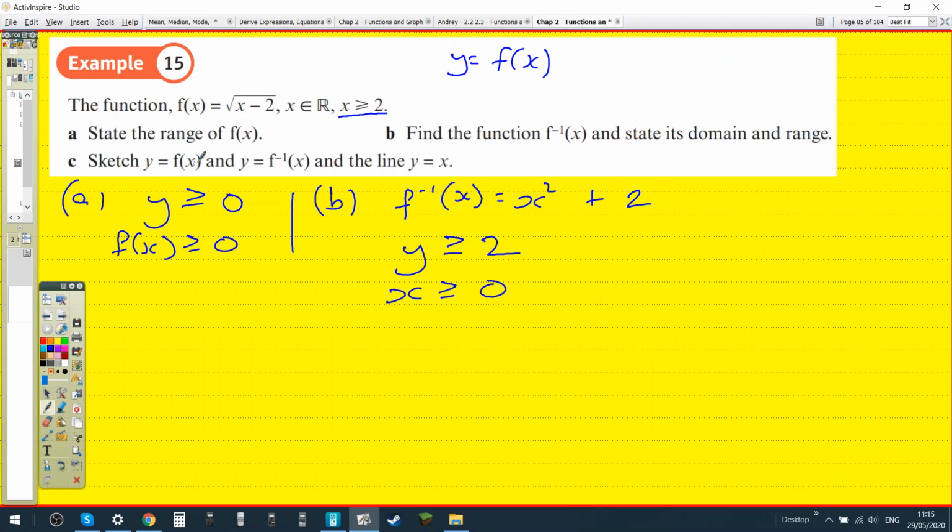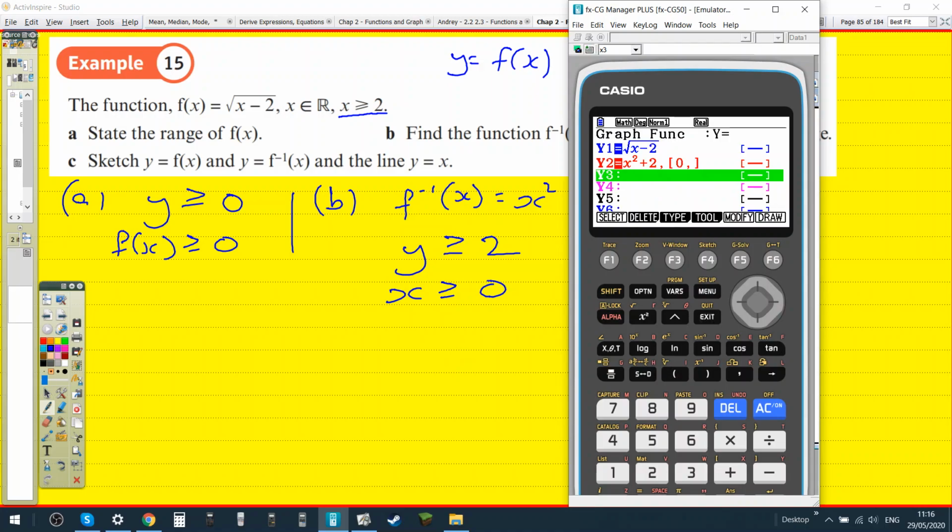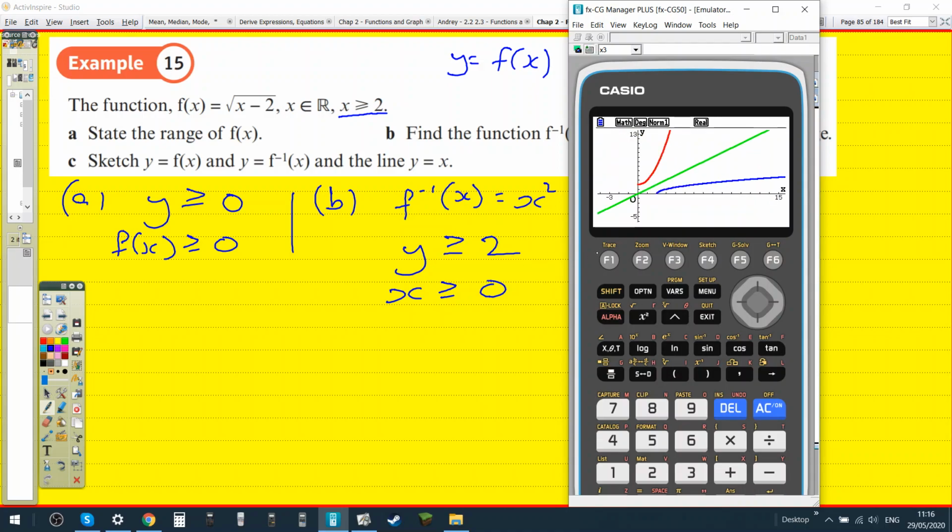Part C says sketch the two of them, which we've done, but then it also says sketch y equals x. And there's a reason for this. Y equals x, you just literally put in x. Press equals. Anything you notice about our blue function and our red inverse function?